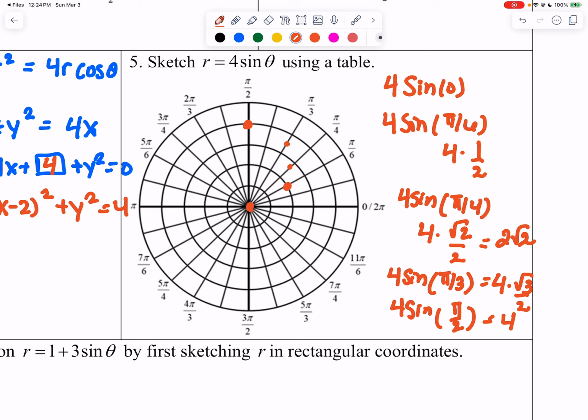So I'm going to use a little bit of symmetry to get these values for 2 pi over 3, 3 pi over 4, and 5 pi over 6. That's just like 2.8. Yeah. That gives us my circle that you'll see right here.